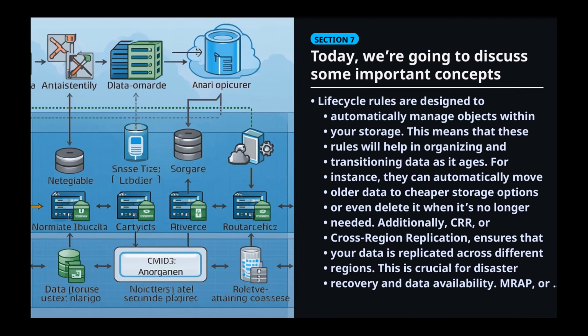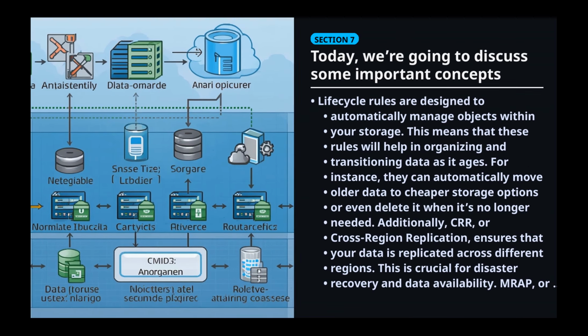First, let's break down these concepts. Lifecycle rules help manage your data by automatically transitioning it to cheaper storage classes or deleting it when it's no longer needed. This is crucial for cost management and data retention. CRR, or cross-region replication, ensures that your data is replicated across different regions.